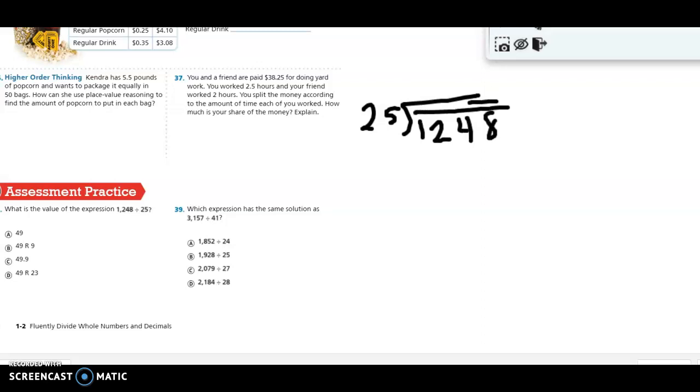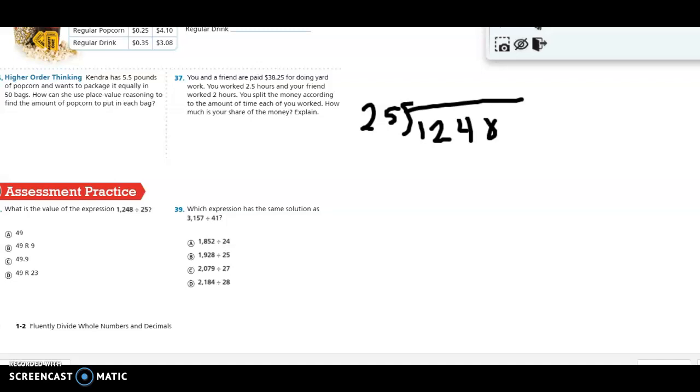I like working with 25 because it's a nice compatible number, because I know that 4 groups of 25 make 100. And if I know 4 groups make 100 and I know there are 10 100s in 1,000, I can really think through how many groups of 25 are going to be in 1,248.